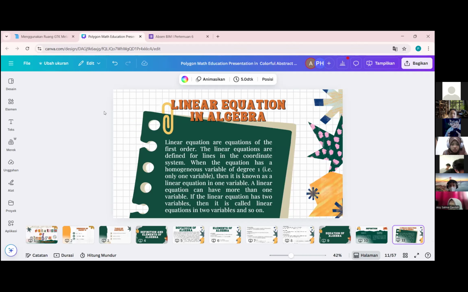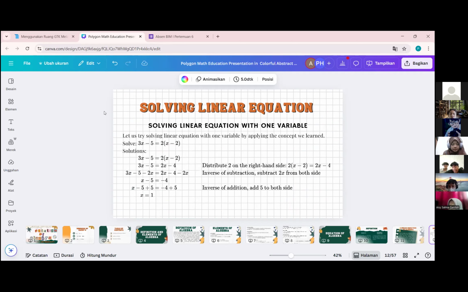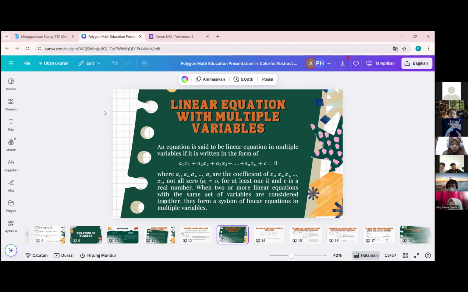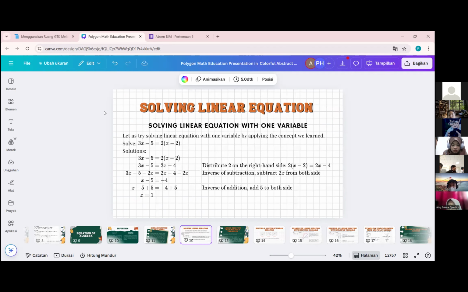Slide 13. Oh, 12, sorry. Ini kurang lengkap ya.